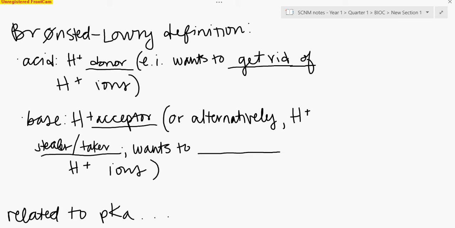And it's going to want to hang on to or grab hydrogen ions. So relating this all back to pKa.